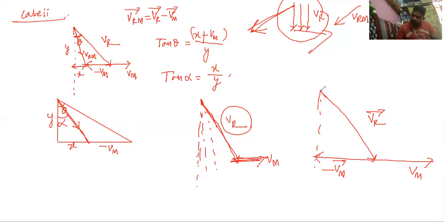You can write now, this is Vrm bar. So what does it mean? As the velocity of the man is increasing, at some angle, definitely velocity of the rain with respect to man is straight, depends on this velocity, my dear students. At a particular point, he feels that the rain appears to be straight.